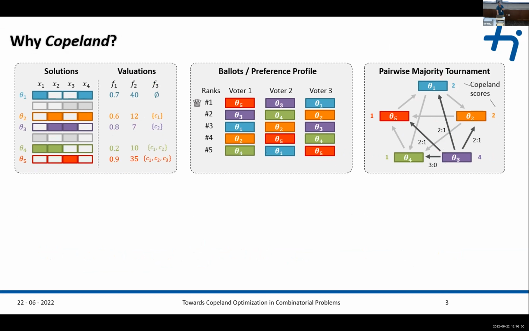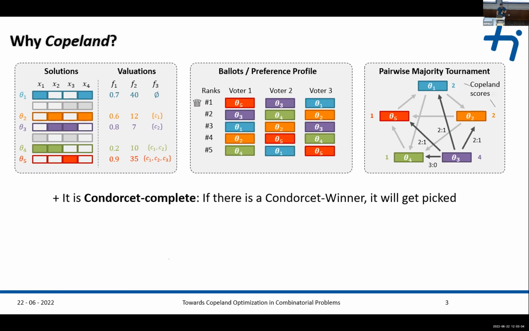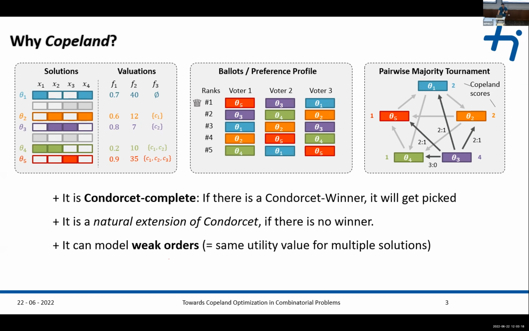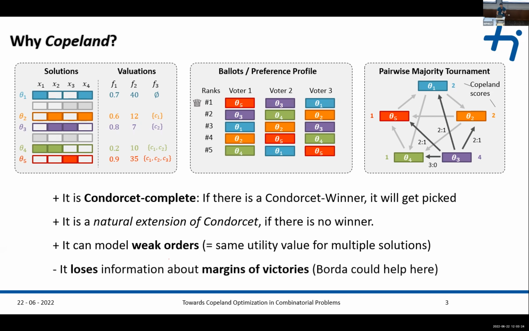So why Copeland? Why is that the purpose of this talk? First of all, it is Condorcet complete. So if there is a Condorcet winner, it will get picked, which is generally a nice property to have. And it's a natural extension of Condorcet if there is no winner. It can model weak orders and really just deal with orders without any utilities.